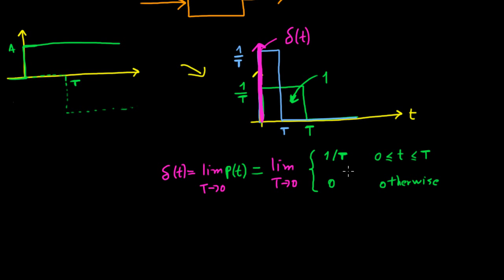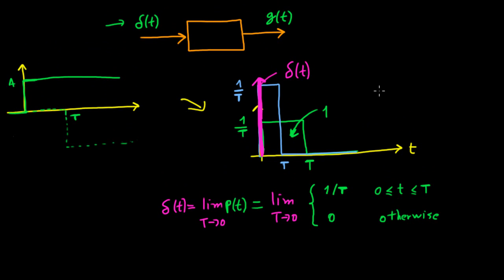Now, if we somehow are capable of introducing this function to the system, when all initial conditions are 0, and we're capable of registering the output, whatever output we get, then this output is all the information we need to know the response of the same system to any other input.